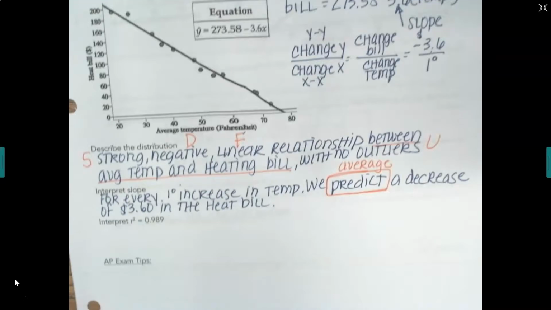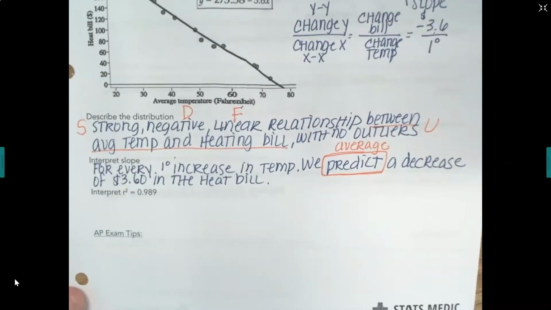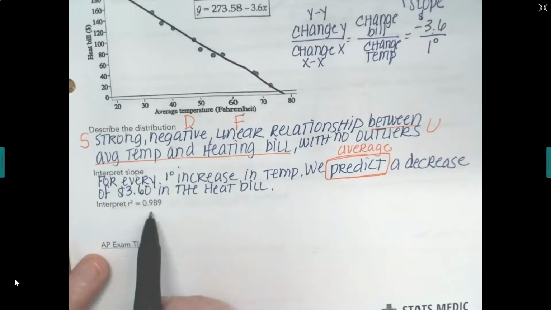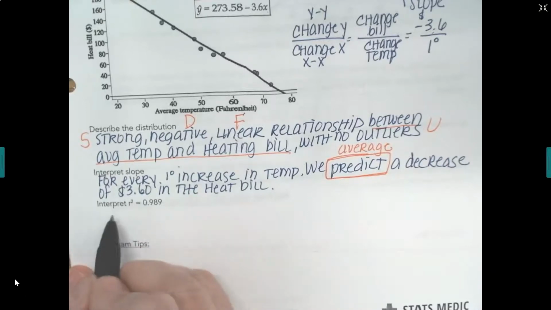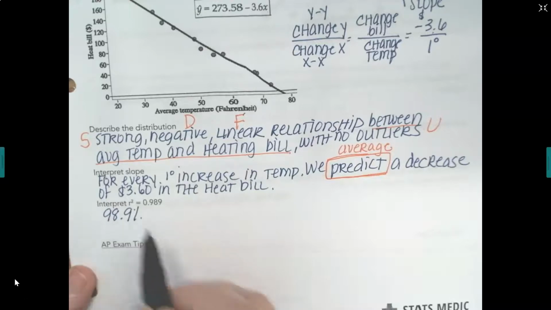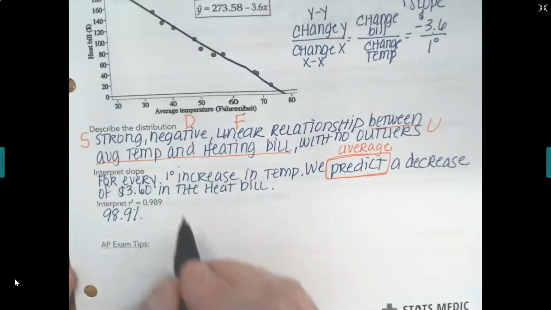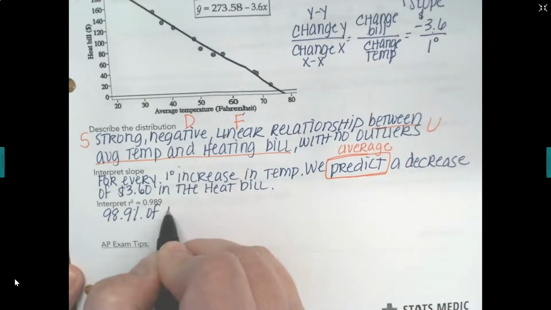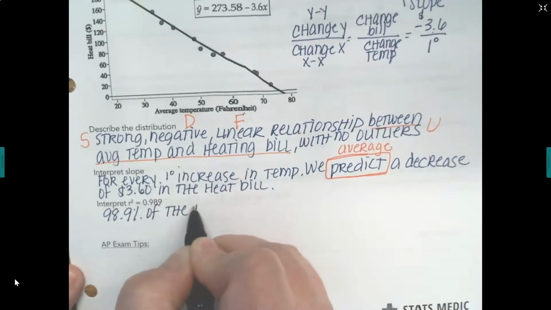Now, interpret R squared. So R squared tells us how well our line makes a prediction. To interpret R squared, we're going to change it into a percentage. So 0.989 is 98.9%. What we're going to say is 98.9% of the variation, and what is our y, is heating bills.